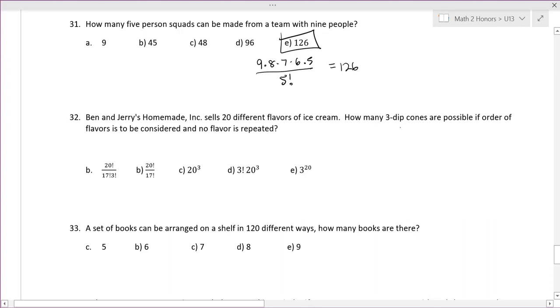We're picking three for the cone. No flavors are repeated, so we've got 20 options for the first, times 19 times 18. And so this is what I want.